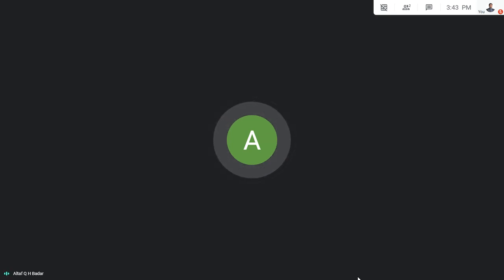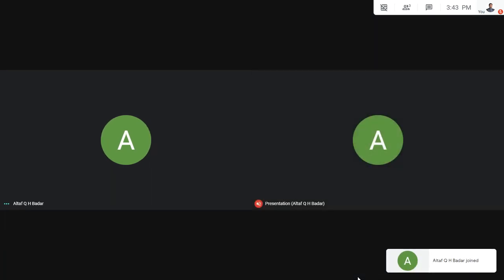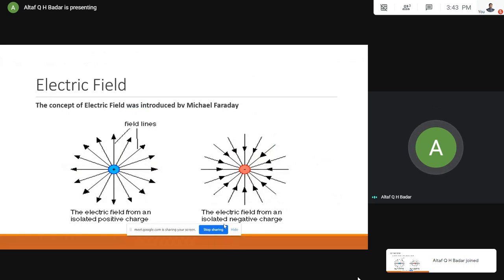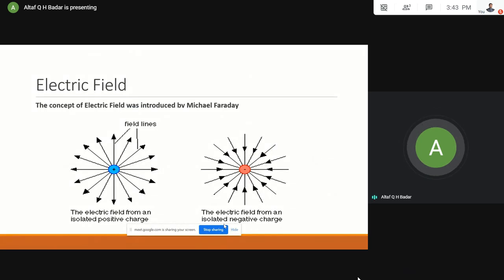Yeah, so now we will be going through the electric field concept. The concept of electric field was basically introduced by Michael Faraday, whose Faraday's law will come up later on also. According to that, the field lines originate or end at the charge.